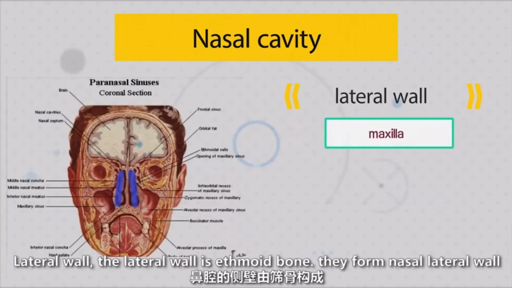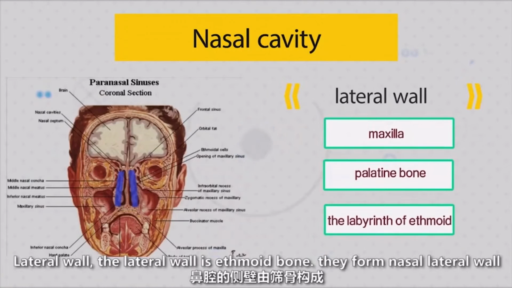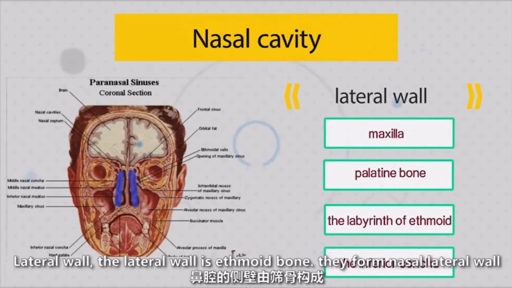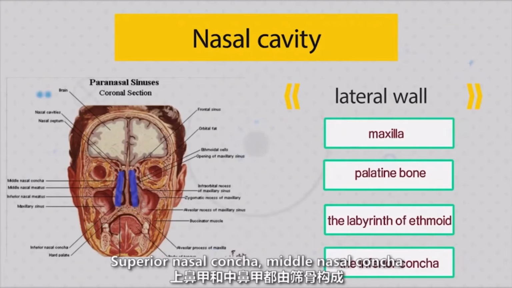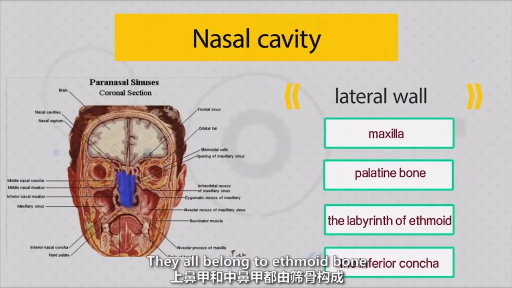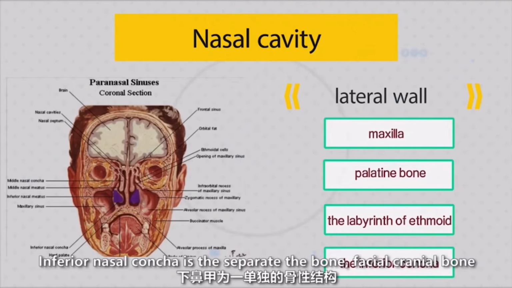The lateral wall is the ethmoid bone, forming the nasal conchae. The superior and middle nasal conchae belong to the ethmoid bone. The inferior nasal concha is a separate facial cranial bone.